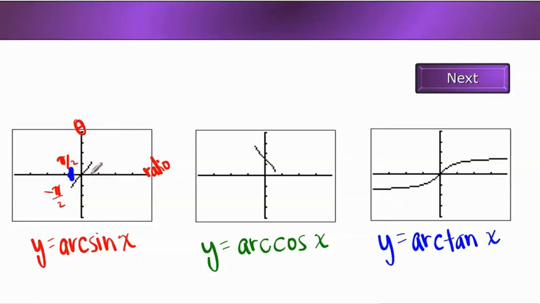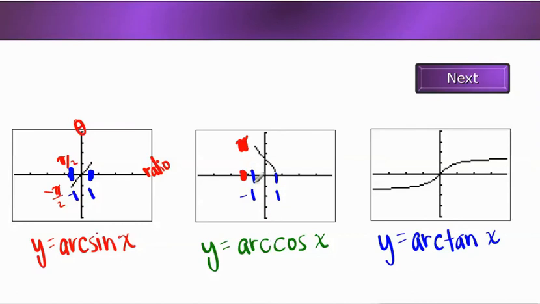And the domain, the ratios that you can put in for sine, go from -1 to +1. So now when we understand that and we look at this graph right here, we know that its inputs go from -1 to +1, but its outputs go from 0 to pi.